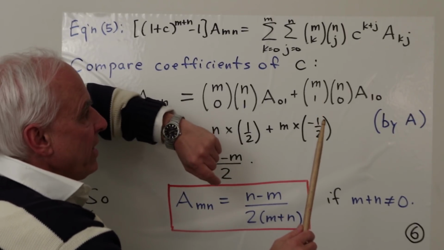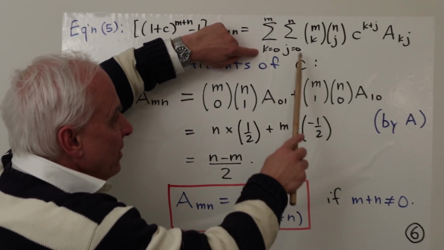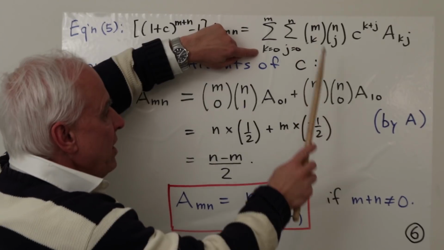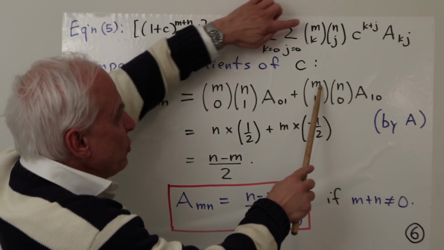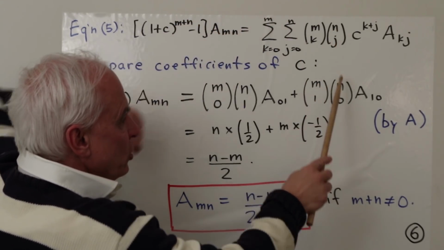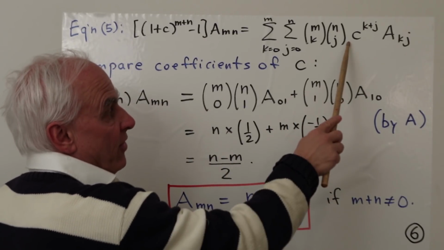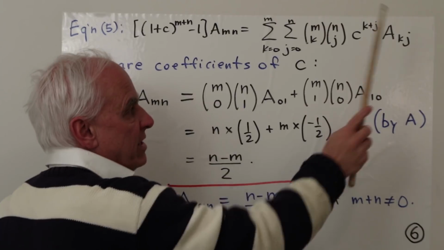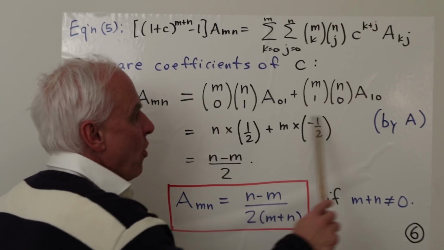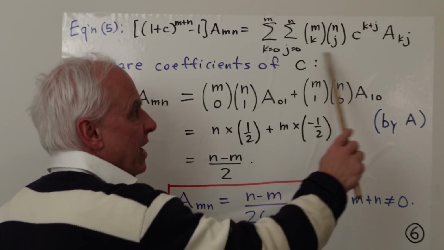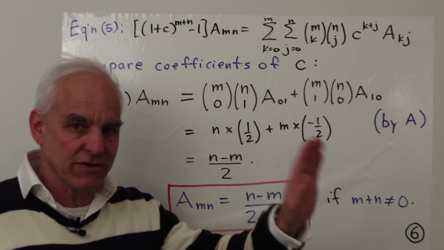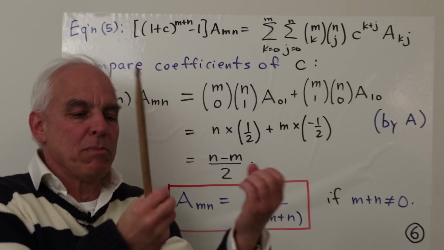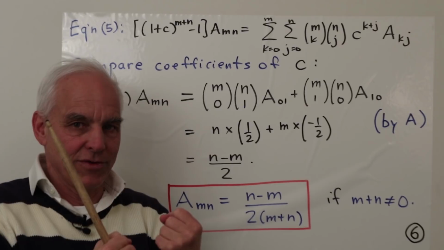And the other way of getting it is to choose a 1 for the k and a 0 for the j. That'll give us m choose 1 times n choose 0 times, again, c to the 1 times a sub 1,0 now. So this is the coefficient of c in this big expression. It's got all kinds of other higher powers of c. We're only peeling off the linear ones.